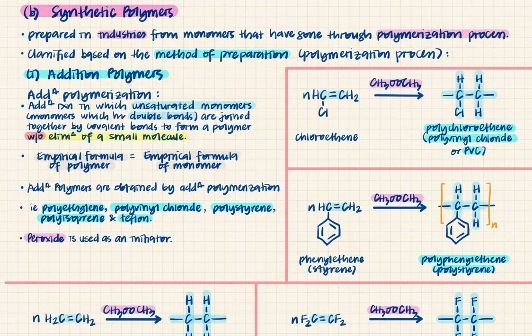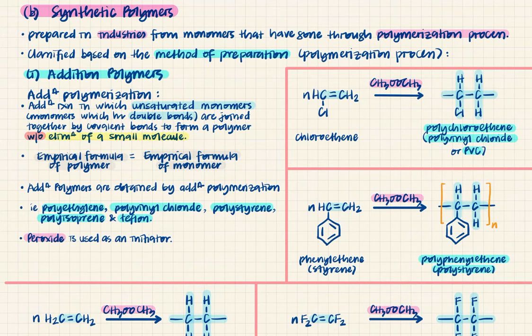That means that you're going to add something without eliminating any small molecule. So for addition polymers, the empirical formula of your polymer is equal to the empirical formula of your monomer.